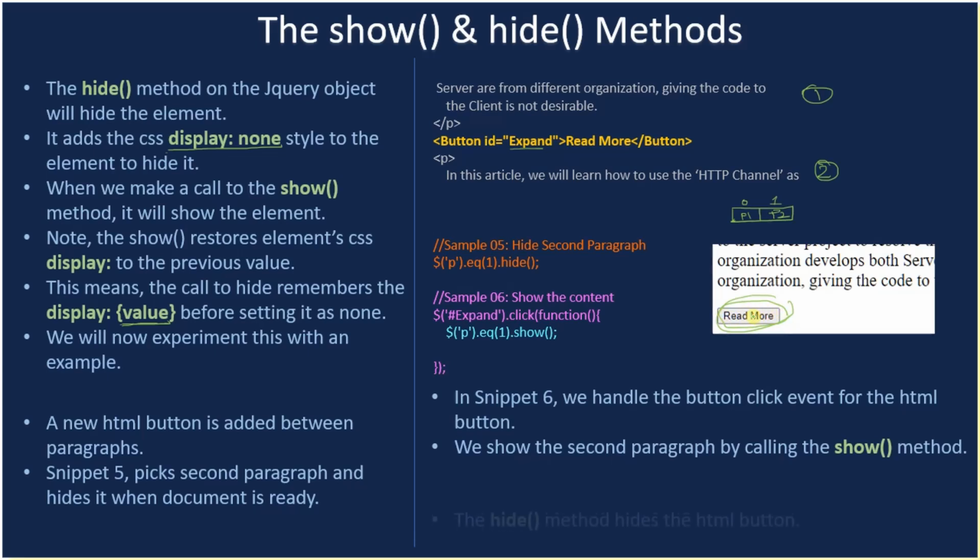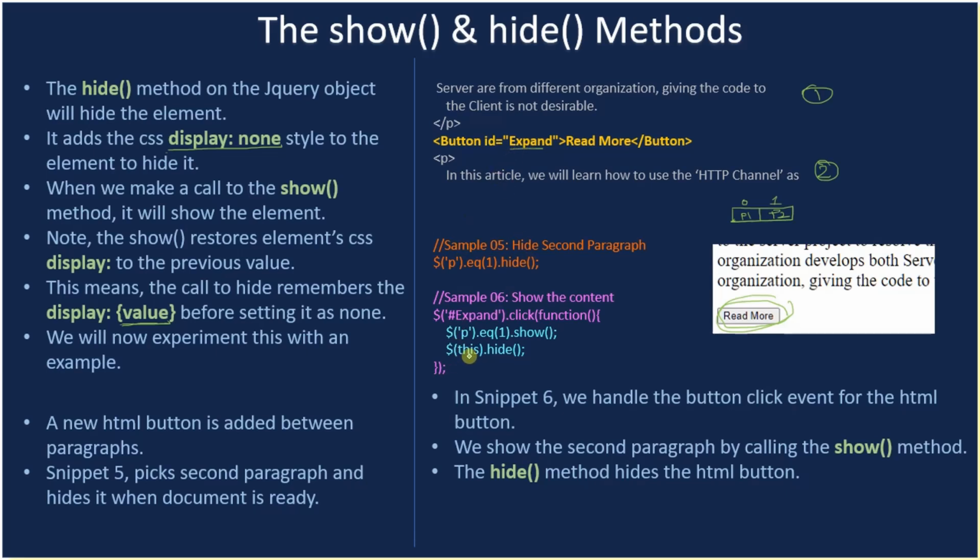We need to remove it. So the hide method hides the HTML button. If you see, this is the handler, right? We can even use $expand.hide because that's the only button, or we can even use $this that gives the command source, right? The click event source is the read more button identified by expand.